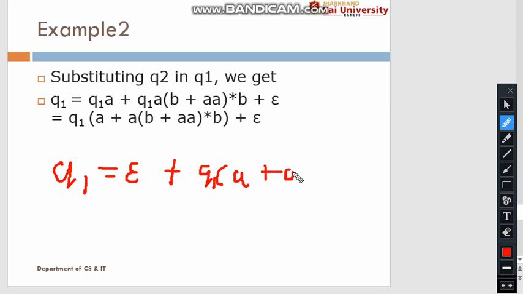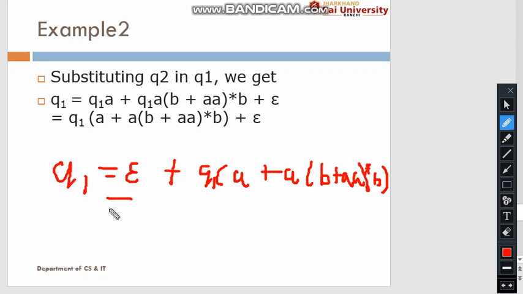Now write this equation as q1 equal to epsilon plus q1 (a plus a into (b plus aa) whole to the power clean closure into b).